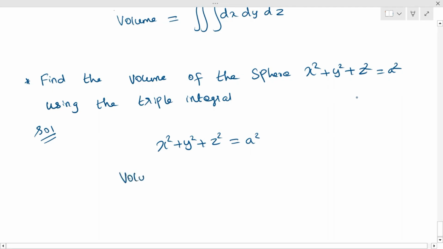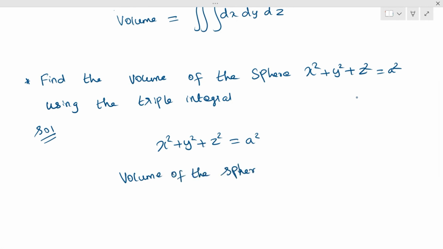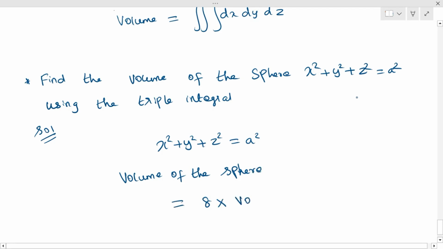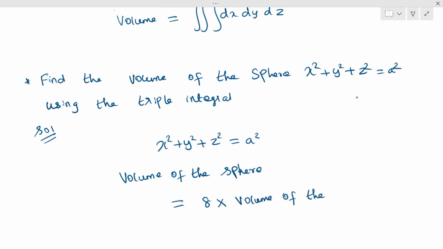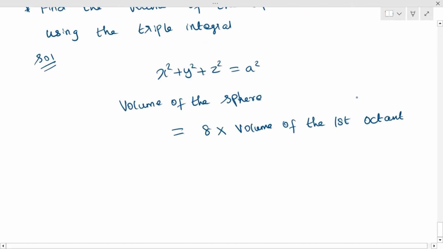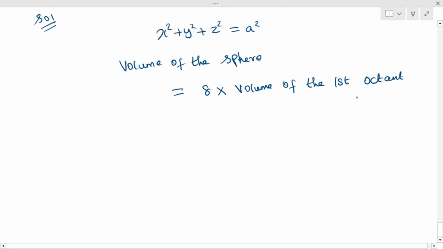So we can take volume of the sphere is equal to 8 times volume of the first octant. Why we are taking the first octant: since it is positive, the lower limit should be 0. So it is easy to integrate.